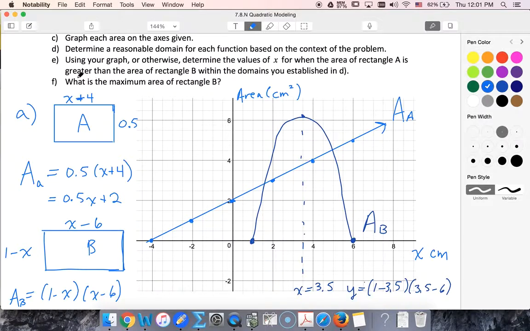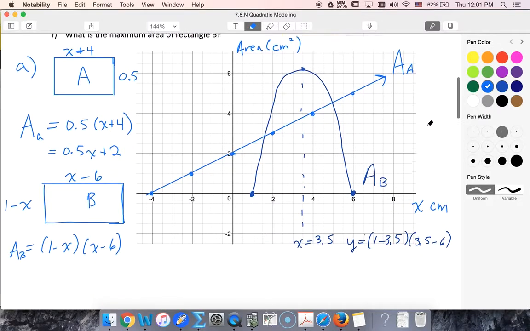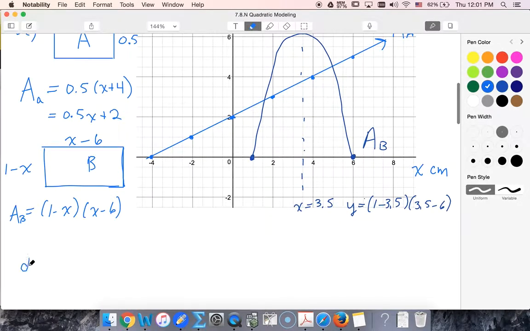And I'm going to use that to help me with D. So D says determine a reasonable domain for each function based on the context of the problem. So the context of the problem here is area. So we know that area has to be positive, or it could be 0.